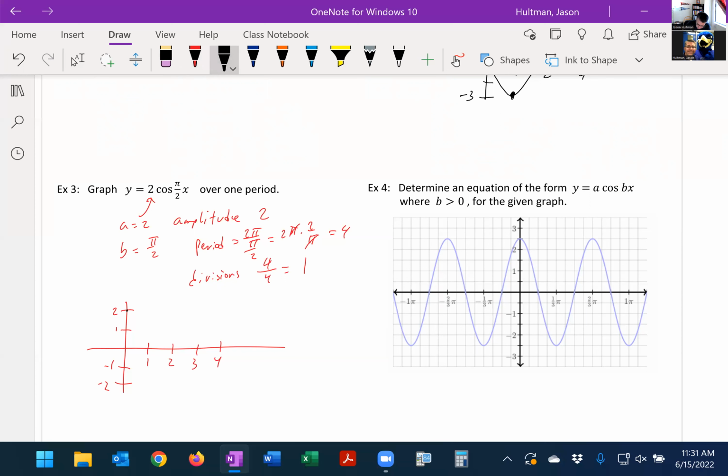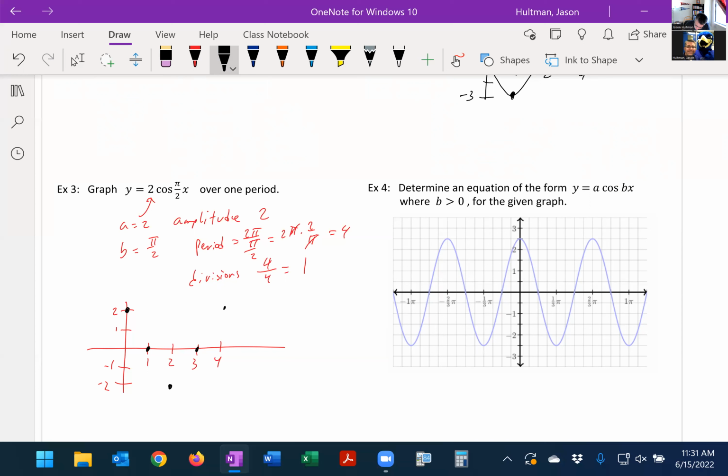Well, we start at the top, then we go through the midline, which is 0. Then we go down to the bottom, go through the midline again, and then go to the top. And so we get this nice curve that looks like this as our cosine function.